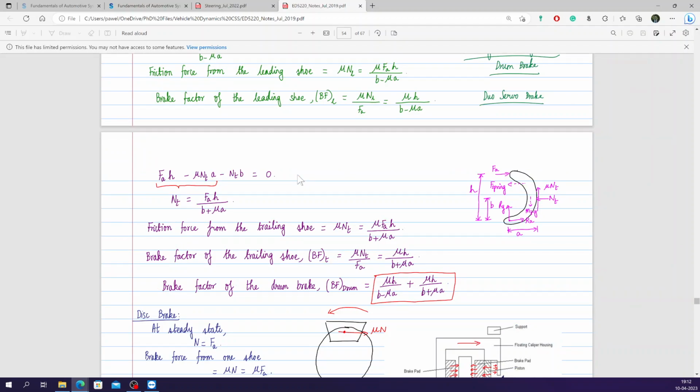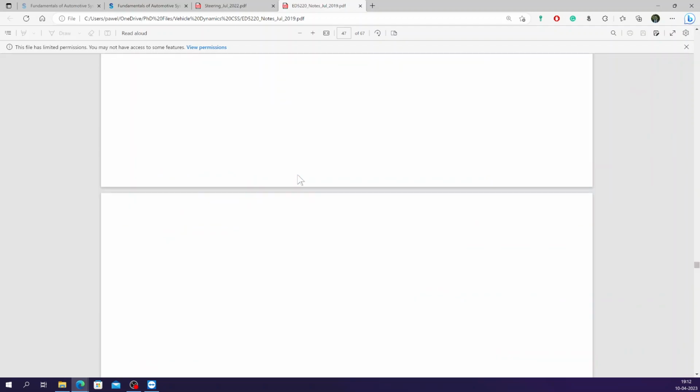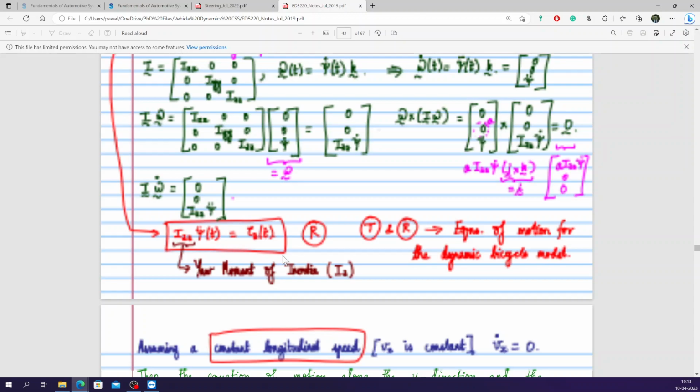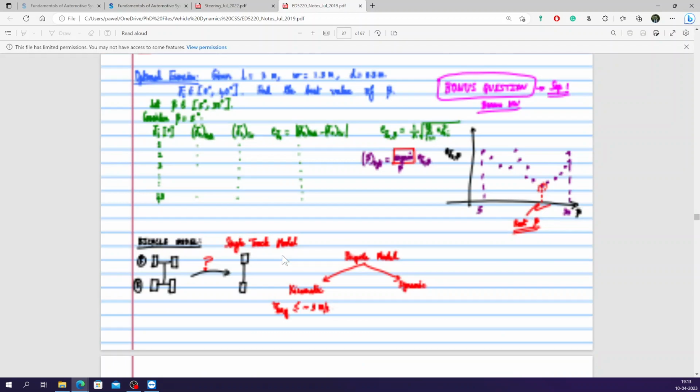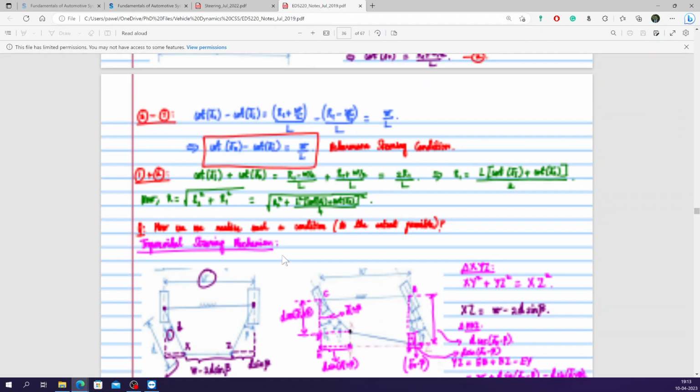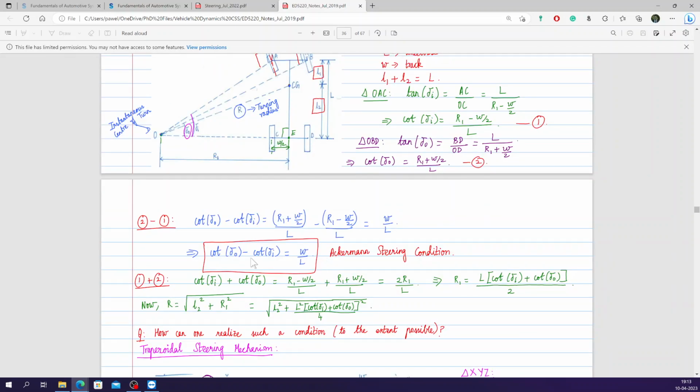Now that the answers are also given, I can quickly show you something. So this is the Ackerman steering condition: cot of delta outer minus cot delta inner equals W by L.